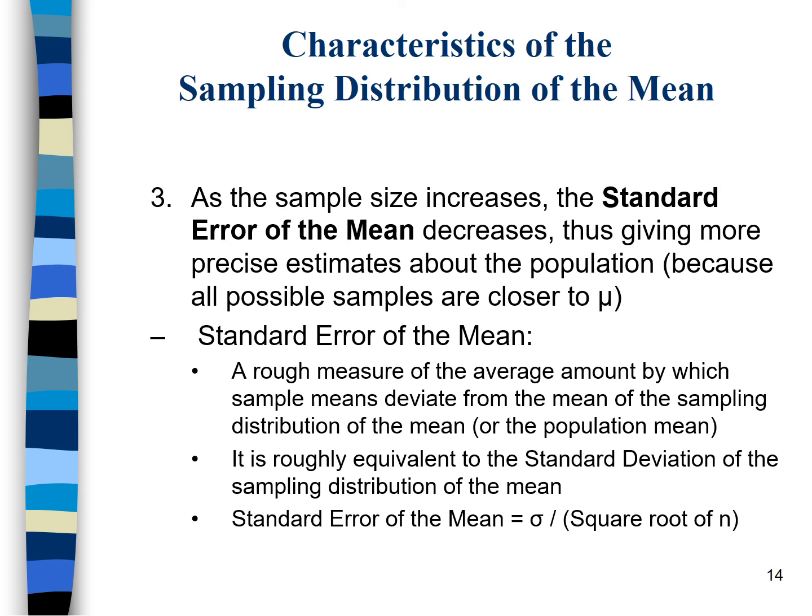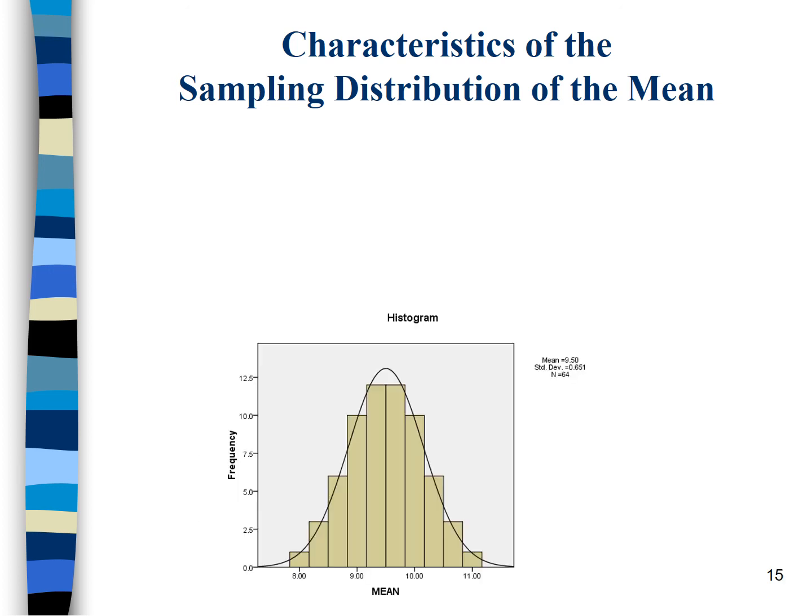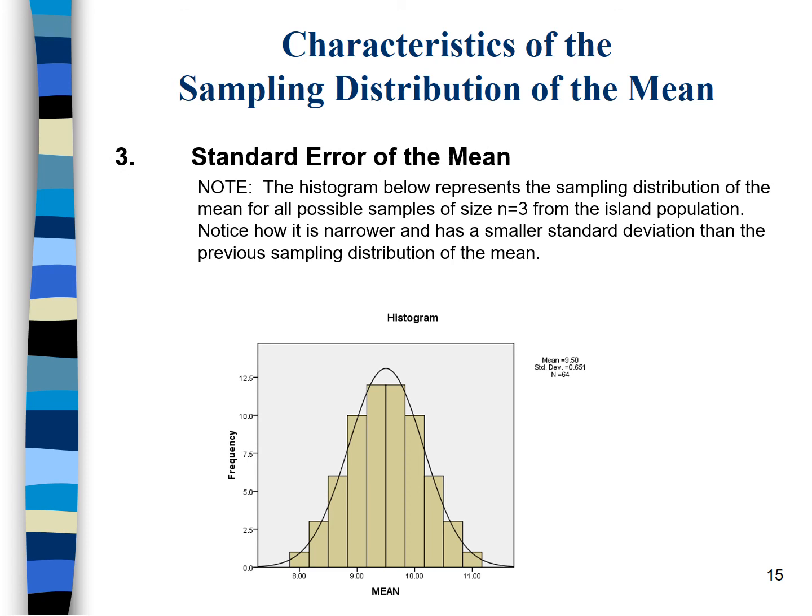So let's take a look at what would happen if we had computed a sampling distribution of the mean of all possible samples of size 3 from that same desert island population. And here we have it.